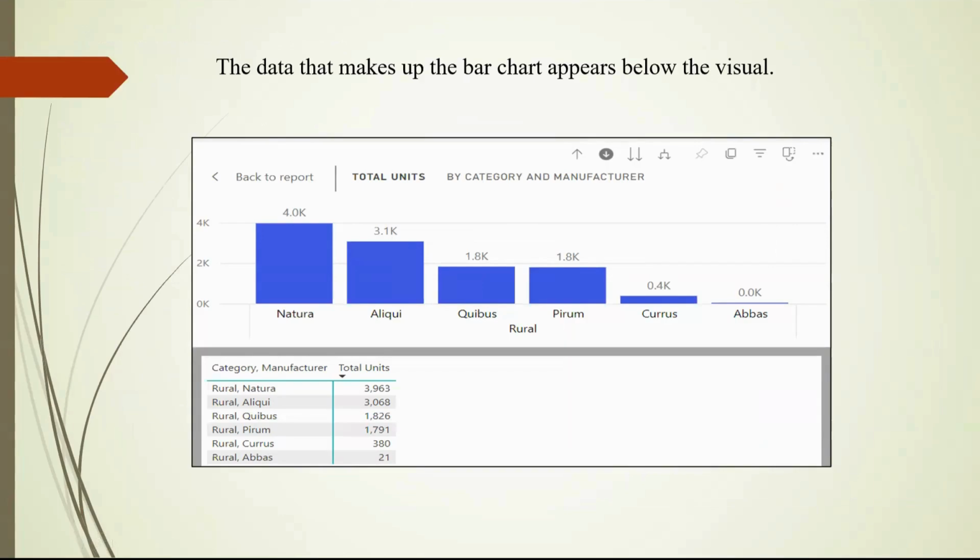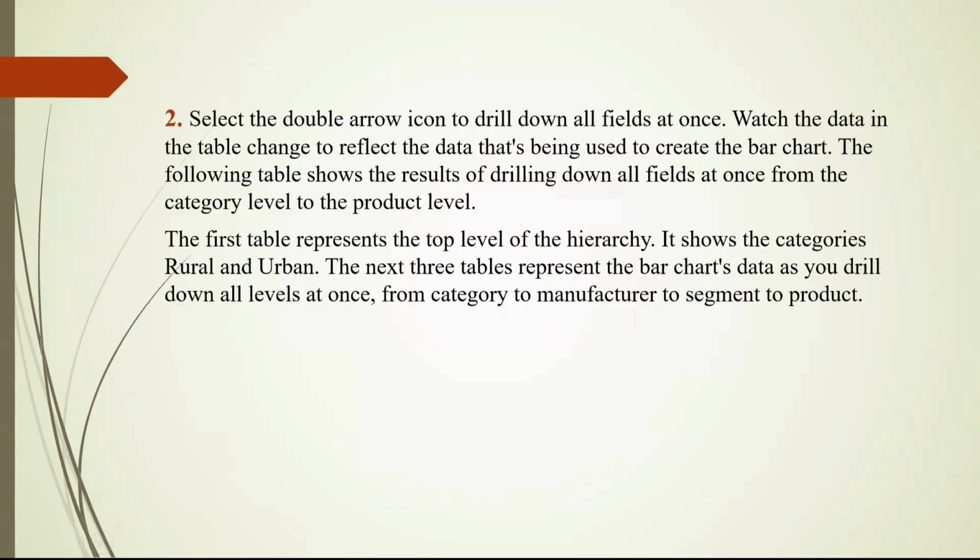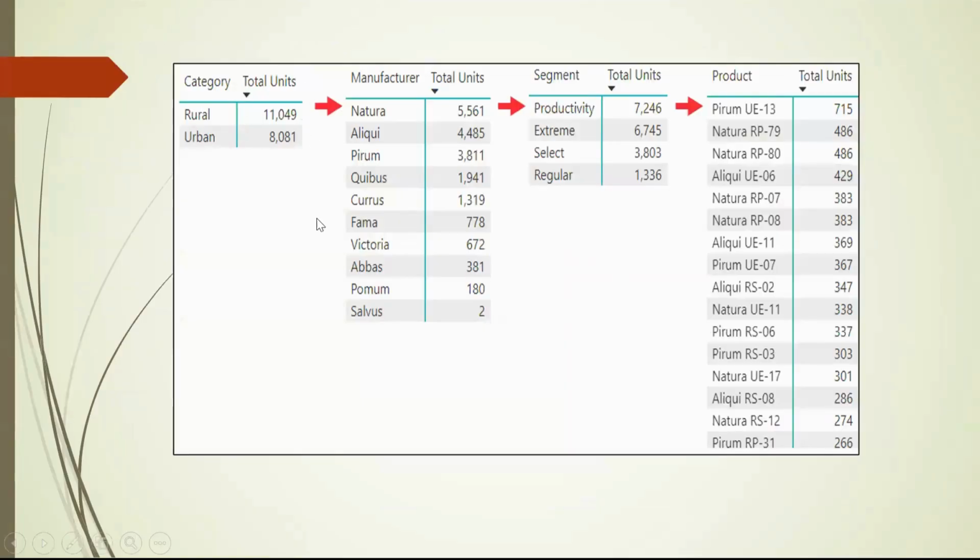The data that makes up the bar chart appears below the visual. Once you click on the table field and more options, you can see the data in table format. Now again, you are able to see that in the table option, your data is sorted category wise, that is rural, and then manufacturer for this segment, for rural and for urban, everything.